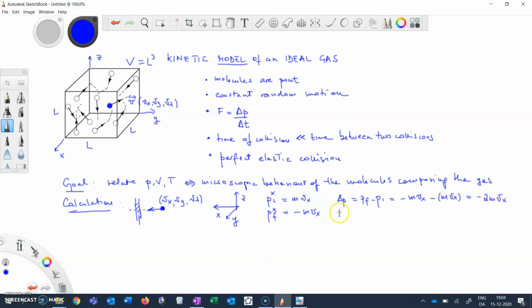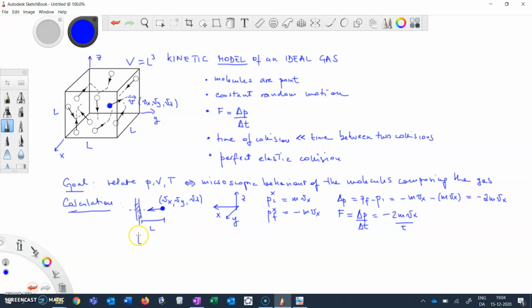What I want to calculate now is the force that I have on the wall. This is going to be the change in momentum divided by a certain amount of time, so minus 2m vx divided by that time. And what's the time for going to the wall and back? Let's say that this length is the whole side of the cube, and I want to go back and forth, so the distance that I'm covering is 2L.